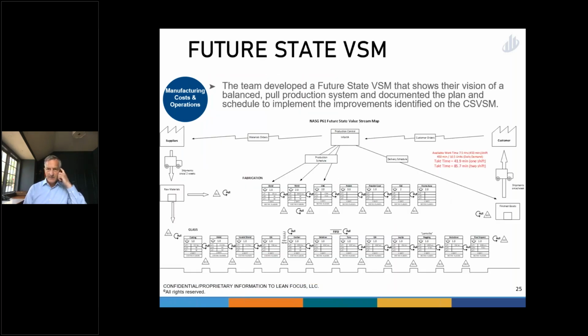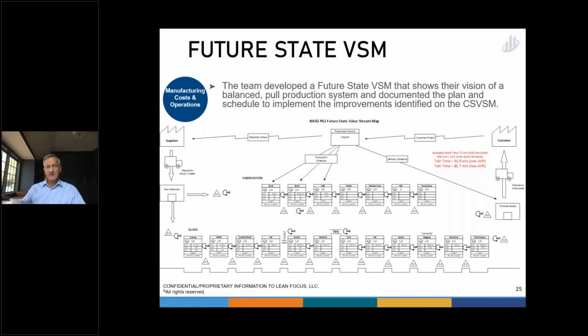Then we typically want to document this future state value stream map so that everybody has a clear vision, both the physical flow of goods and services as well as the electronic flow of information, from sales into the plant and from the plant back to suppliers and out to various planning points in the plant.